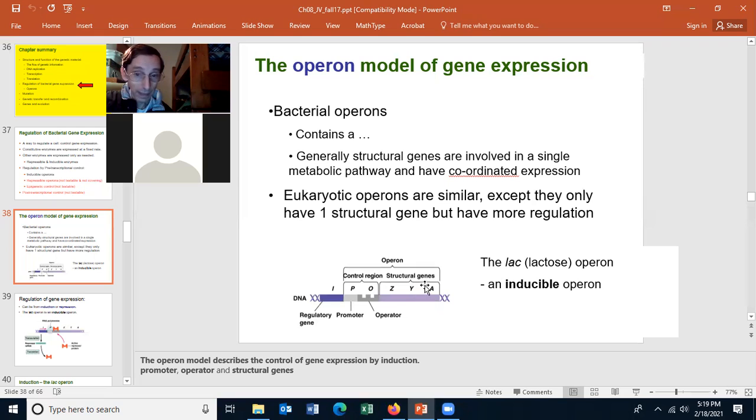And the A gene is the gene that is helping to convert the sugar beta galactose into glucose.